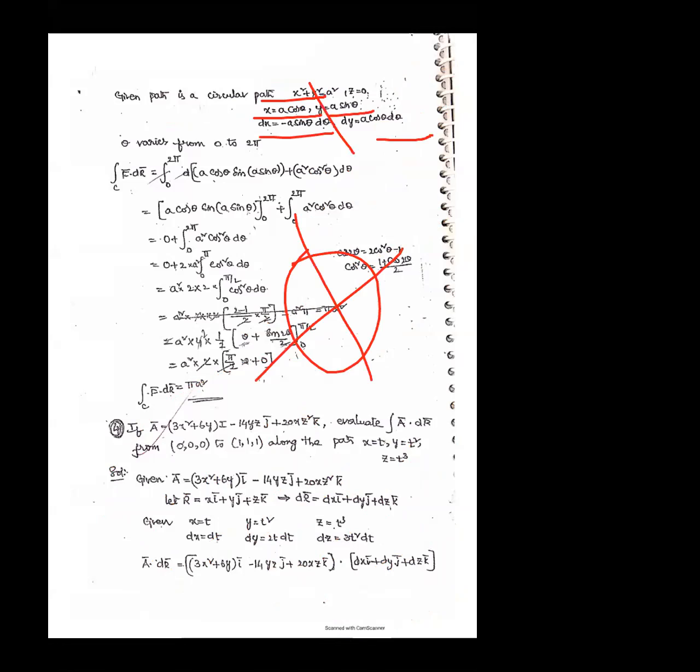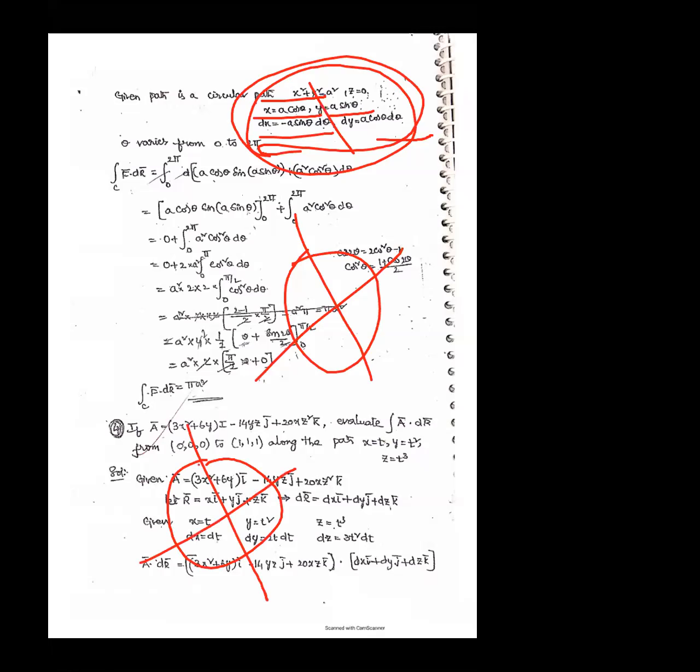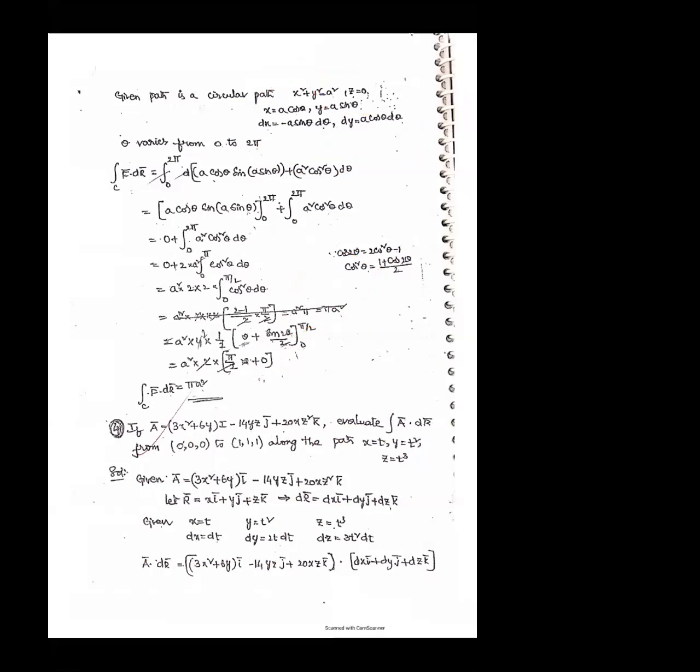Substituting these values in F bar dot dr bar, for the complete circle the limits of theta are 0 to 2 pi, that is 360 degrees. All x, y, dx, dy are converted to theta.